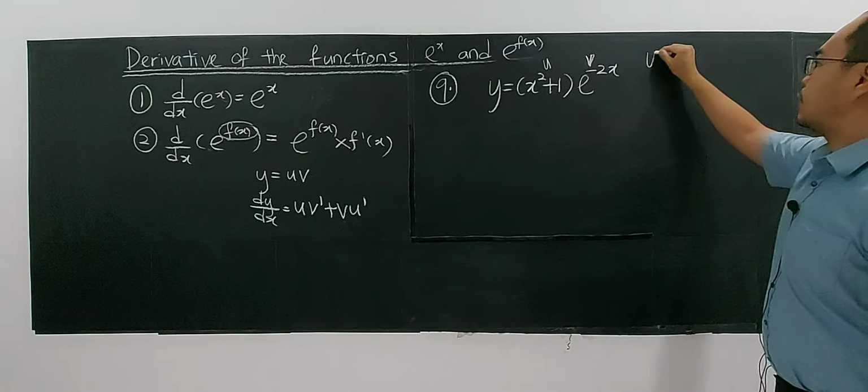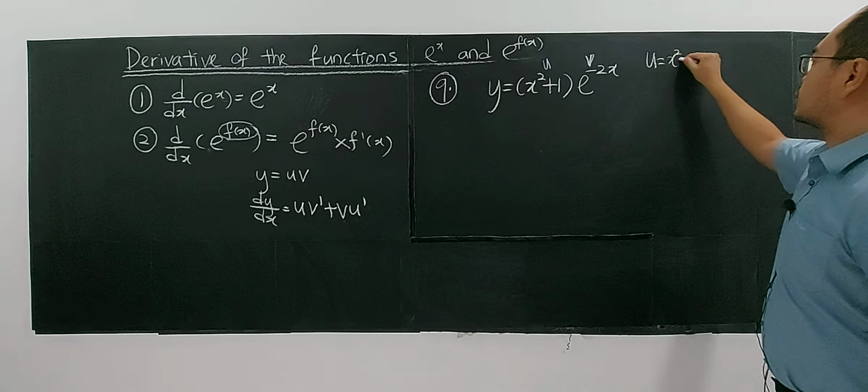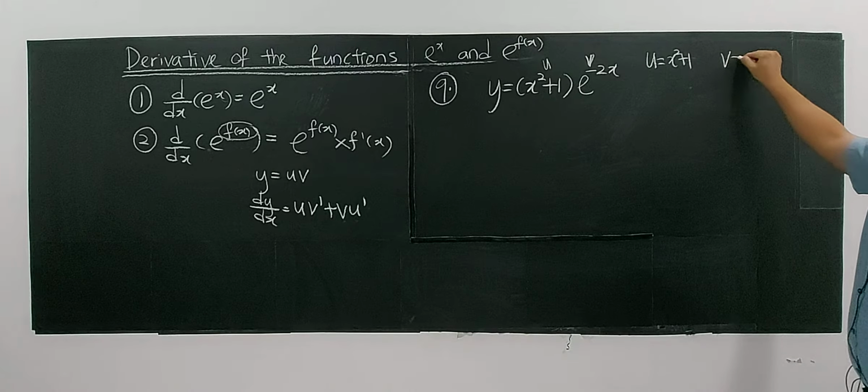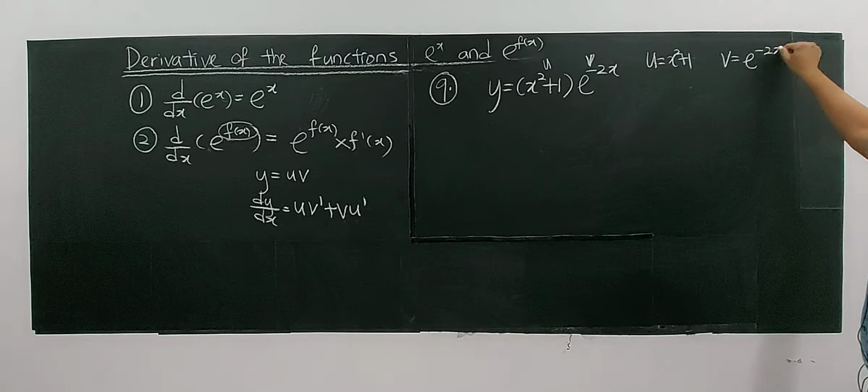So I'm going to list out what's your u. Your u is x squared plus 1, and your v is e to the power of negative 2x.